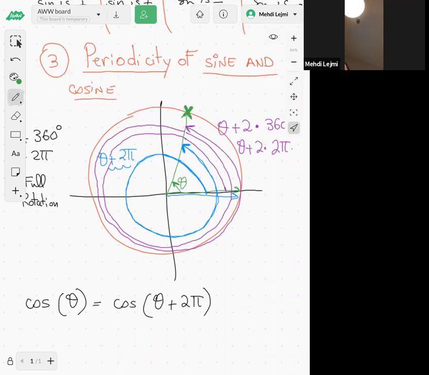Now the blue one, that's theta plus a full rotation. Theta plus 2 pi or theta plus 360 corresponds to the same point, because you come back to the same place.